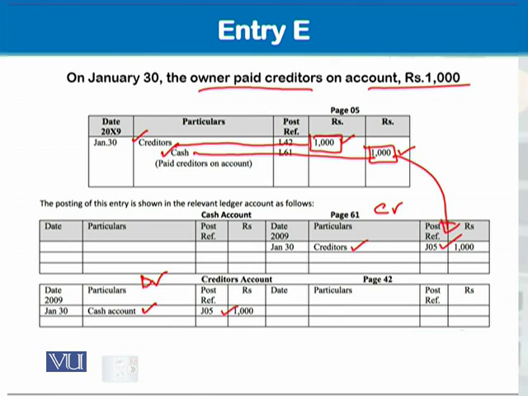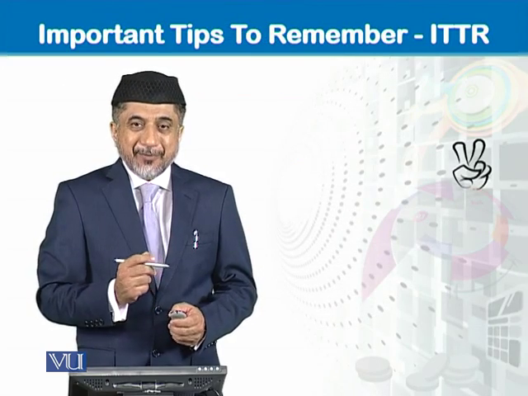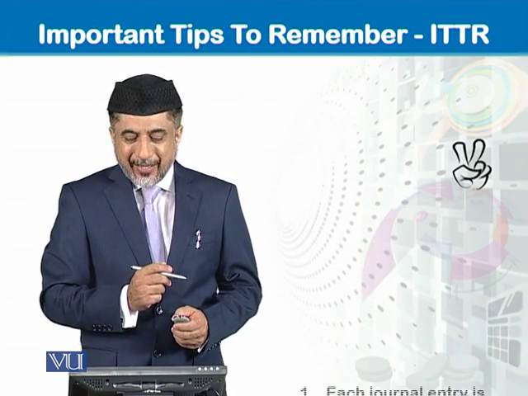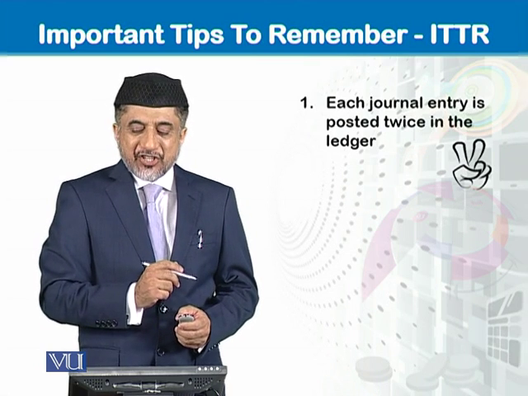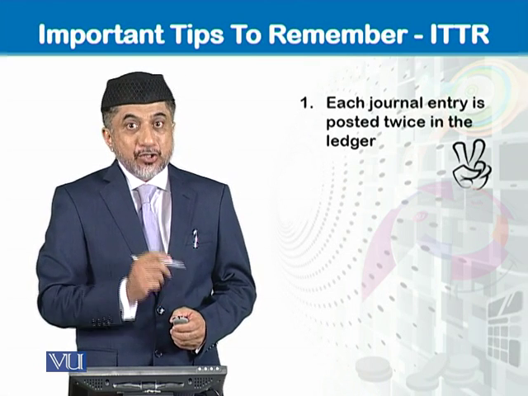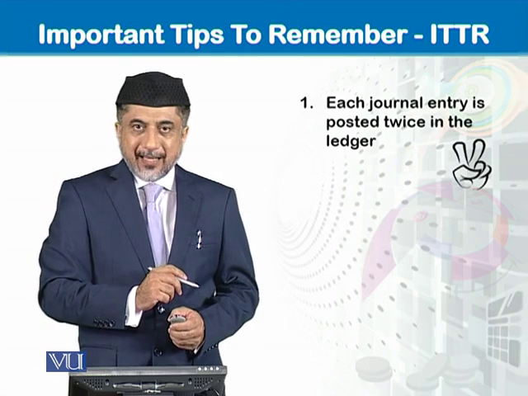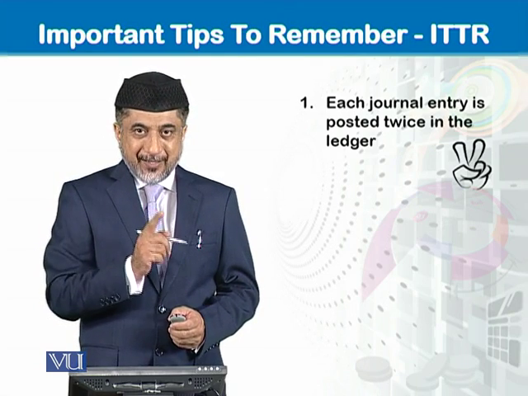Okay. I trust you got this concept of what the posting process is. So let's remember a few tips on it. That is, each journal entry is posted twice in the ledger. Remember.